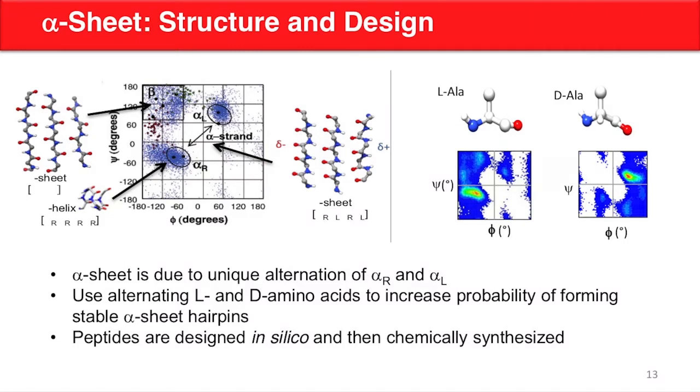So we use this unique alteration and combine alternating L and D amino acids to increase the probability of forming stable alpha sheets. So again, to get these model compounds, we designed hundreds of these in silico, ranked them, and chemically synthesized the best candidates.